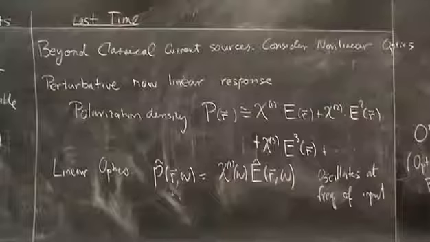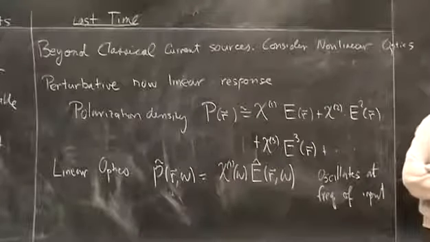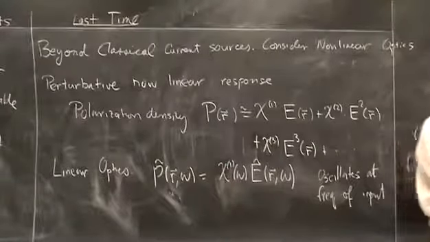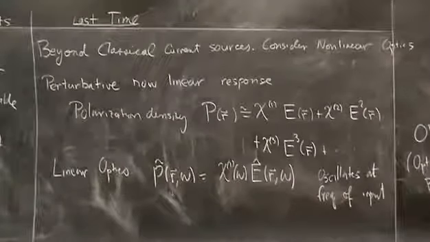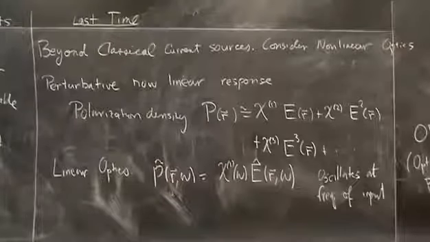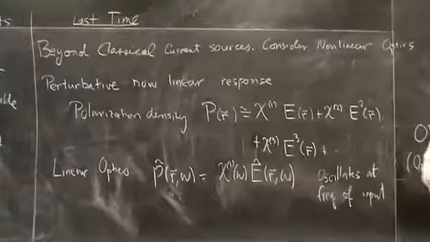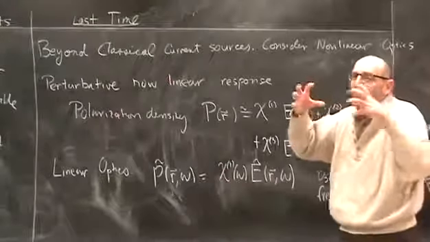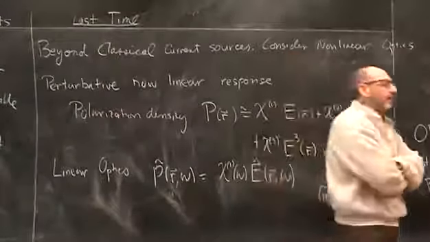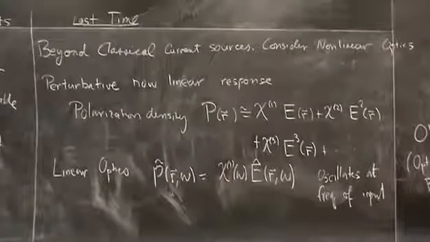If you pull the spring hard enough, it's going to be nonlinear. Okay? Of course, that's why nonlinear optics was developed concurrently with the invention of the laser, because when you had intense enough fields, you were distorting the material enough for the material to have a nonlinear response. Okay?